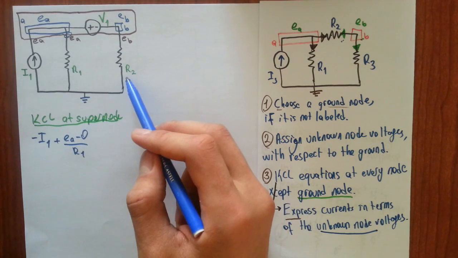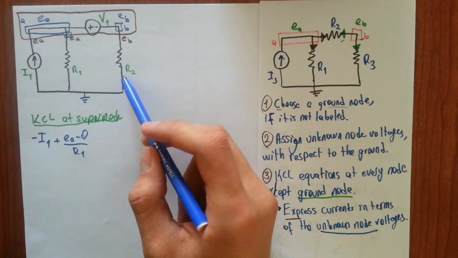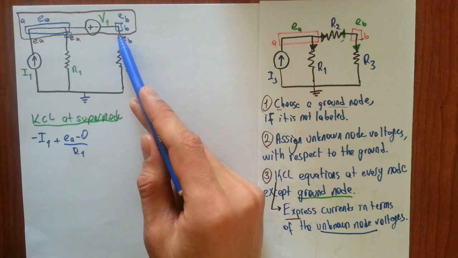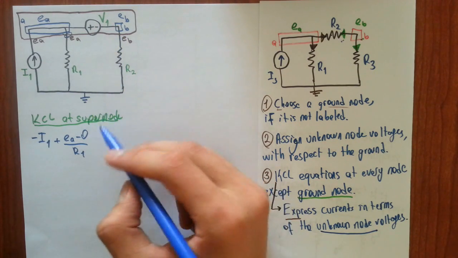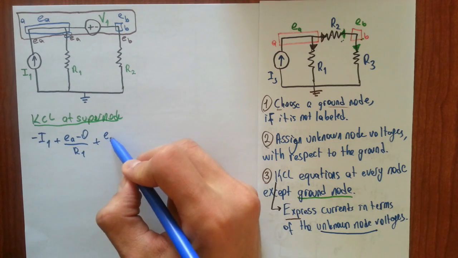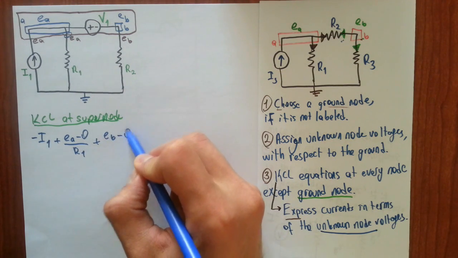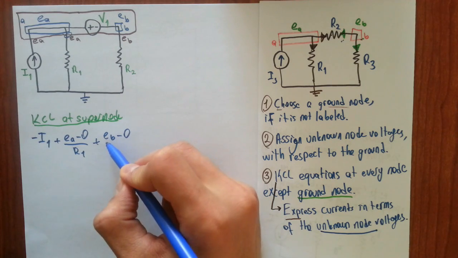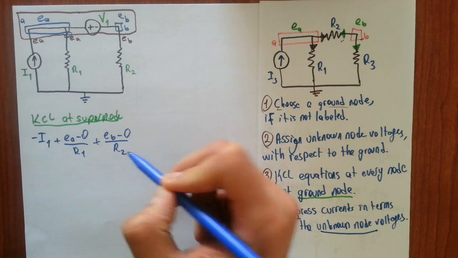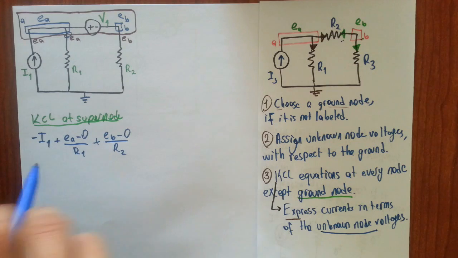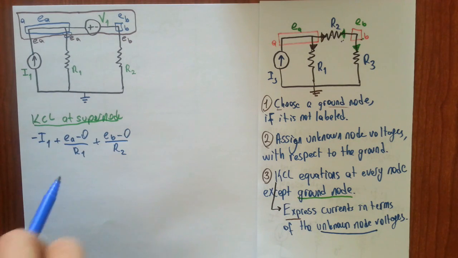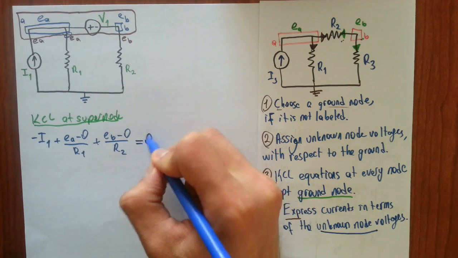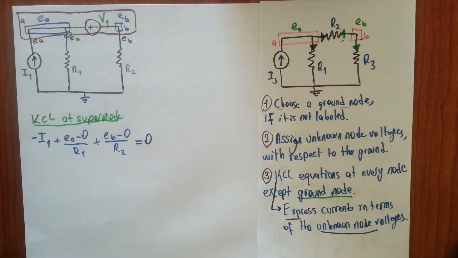Again, we don't know the current through R2, and that's connected to the right terminal of the supernode, which means it has a voltage across it with value EB, and we divide this by R2 to get the current value. We have included all three terms in KCL, so we can write 0 is equal to 0 by KCL.